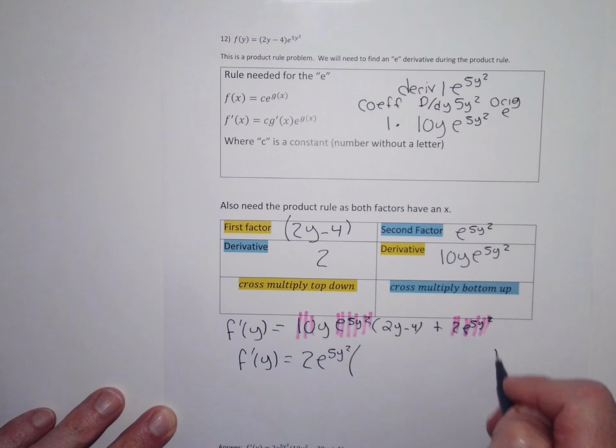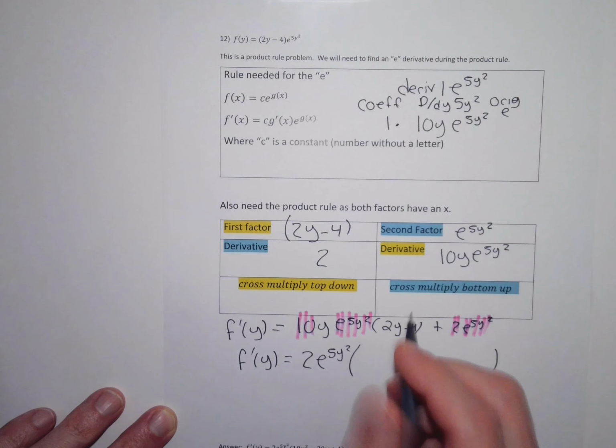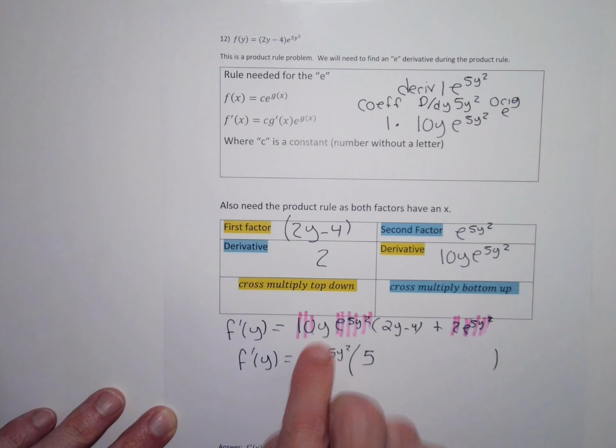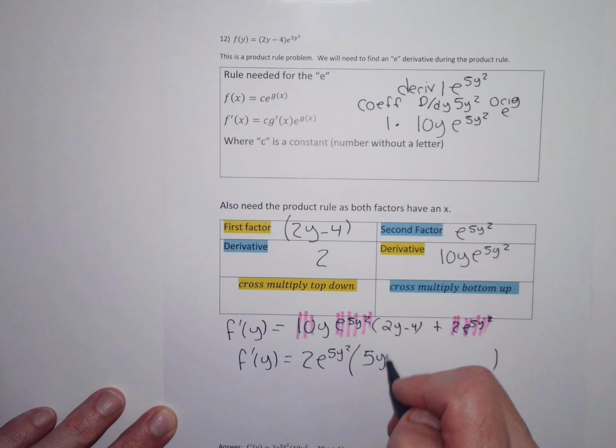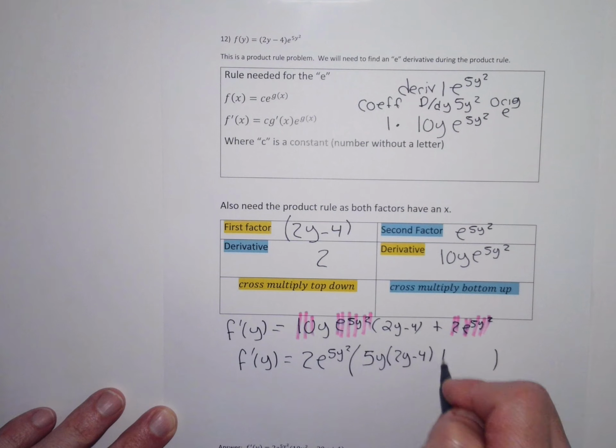Write my parentheses. This 10 turns into a 5 when I factor out a 2. I go 10 divided by 2 is 5. I still have this y, still have this 2y minus 4 to the left of my plus sign. After my plus sign, I'm just going to get a 1 because I factored it out completely.